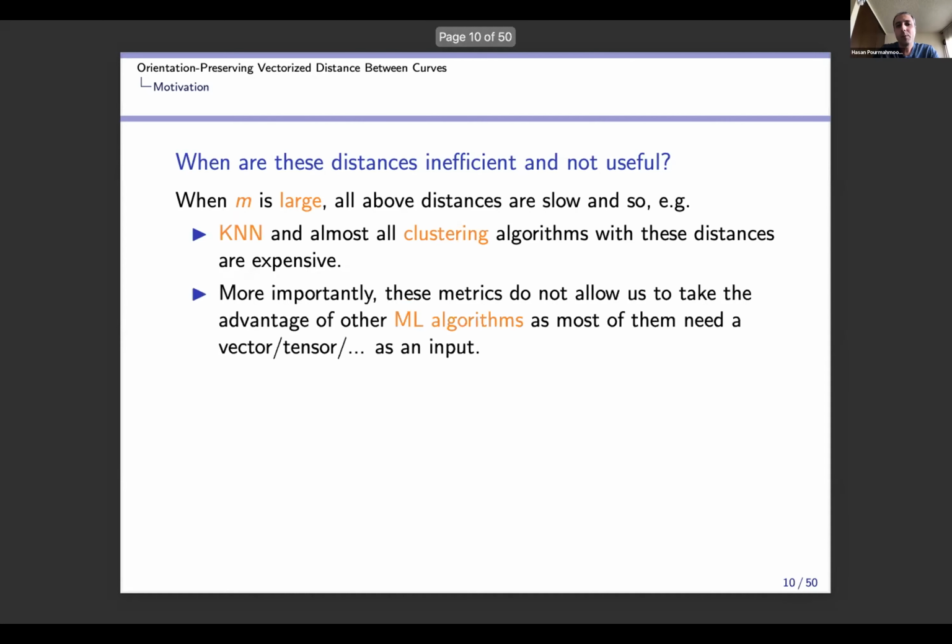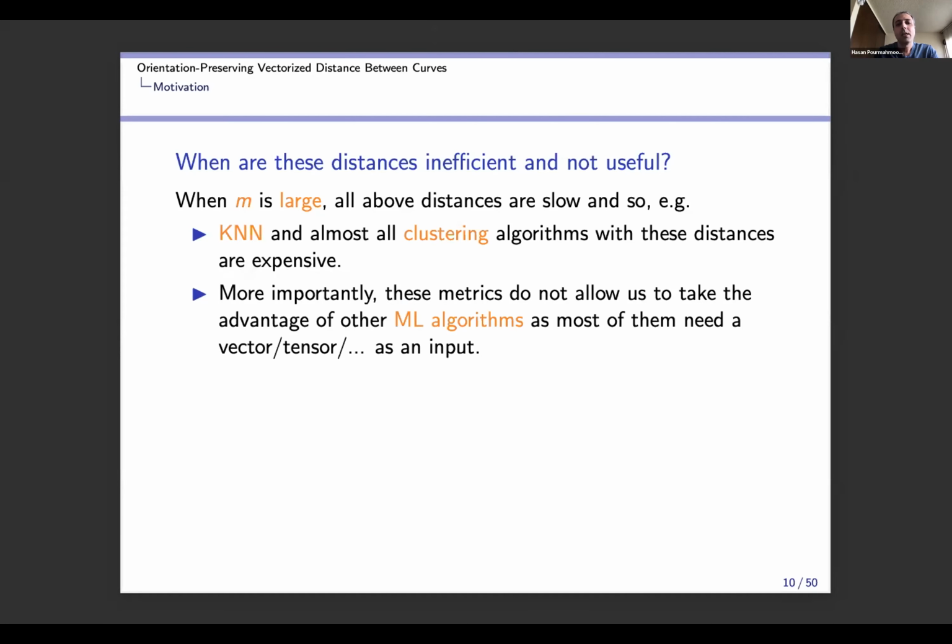And more importantly, these metrics do not allow us to take advantage of other machine learning algorithms because they mostly need a vector type input.